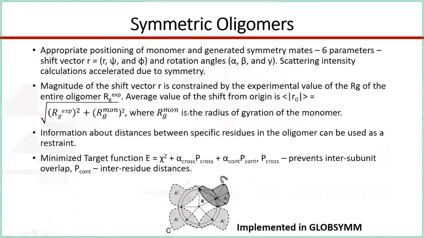So what can also be used is information obtained from other techniques about distances between specific residues in the oligomer, right? And then the target function to which the minimization occurs, in addition to chi-square, has other penalty terms which account for inter-residue distances and, again, preventing inter-subunit overlap.